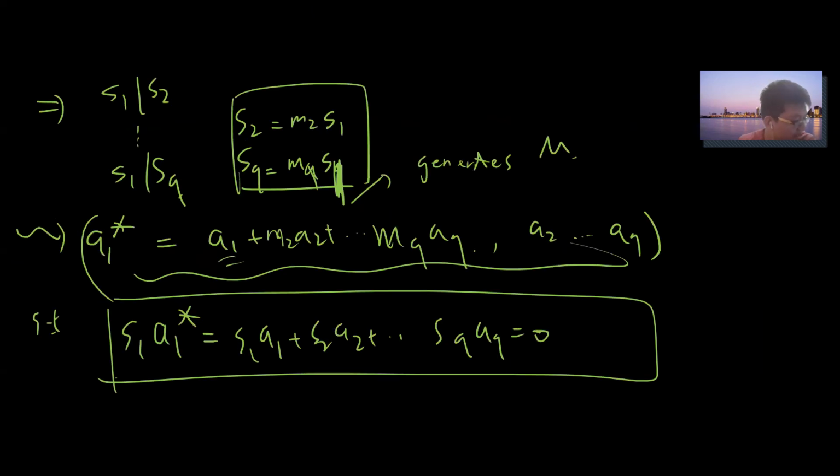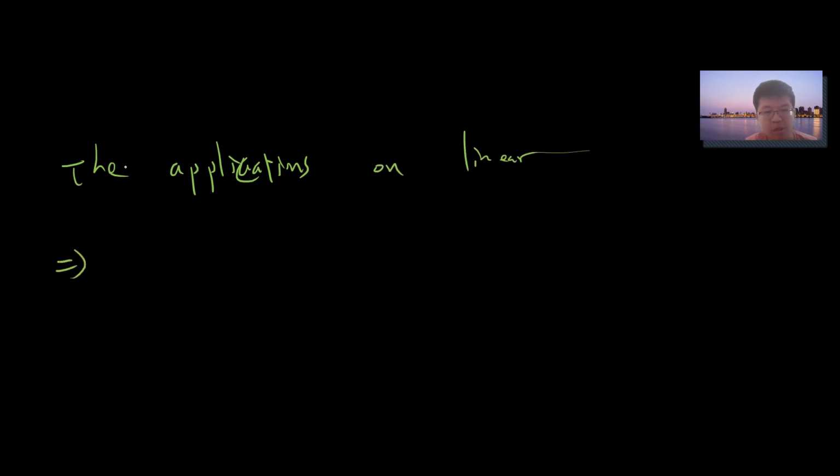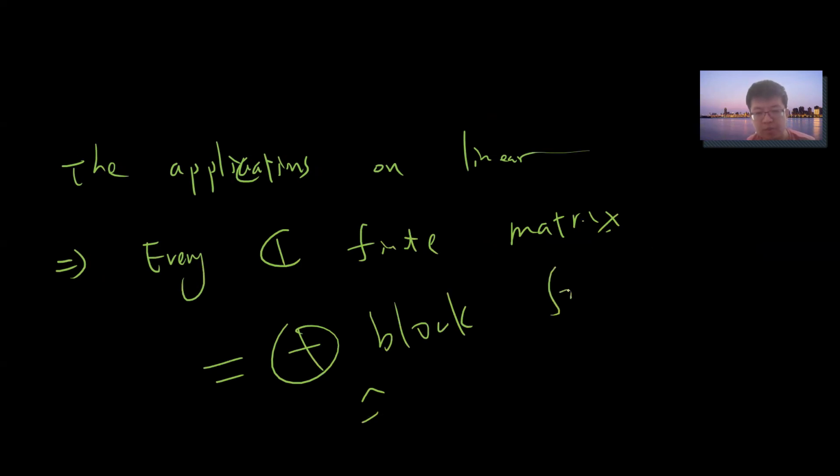In the next video we will talk about applications to linear algebra. What I am trying to prove is that every complex finite dimensional n by n matrix can be written in block diagonal form, where each block is a Jordan block.